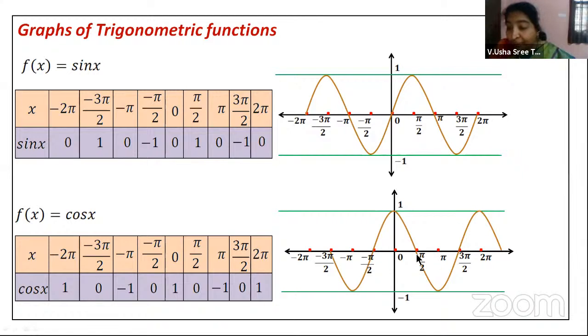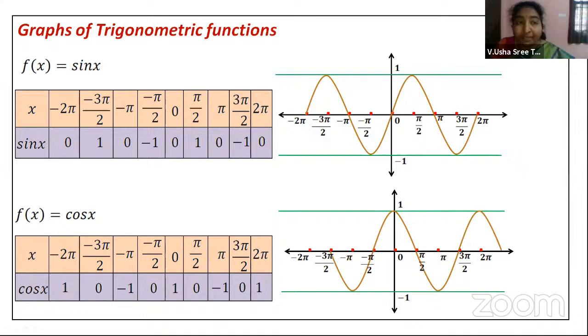Then from 0 to pi by 2, another 90, so 360. So for 360 degrees, the curve has one crest and one trough. Then again one crest and one trough for another 360 degrees. So the cos function is also periodic, and its period is 2 pi. That means after every 360 degrees, it is taking the same pattern.